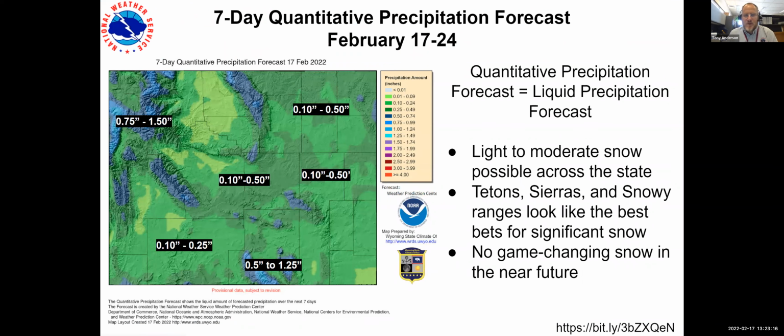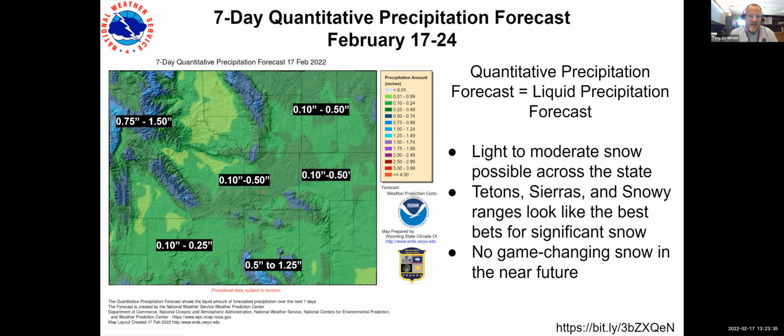Good afternoon, everybody, and thank you for letting me join you today. We've been in a long period of northwest flow since the end of December that has cut the state off from moisture sources in the Pacific and the Gulf of Mexico. The models for the next 10 days are in pretty good agreement that this trend will continue.